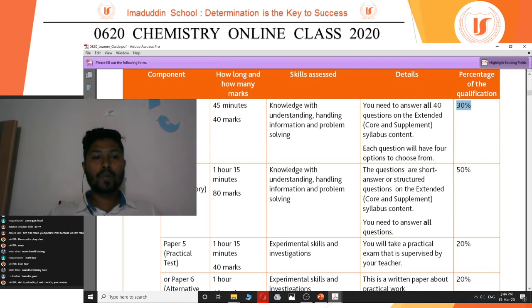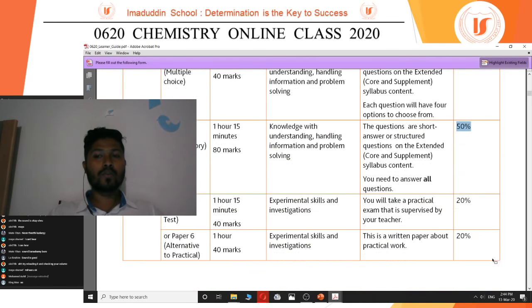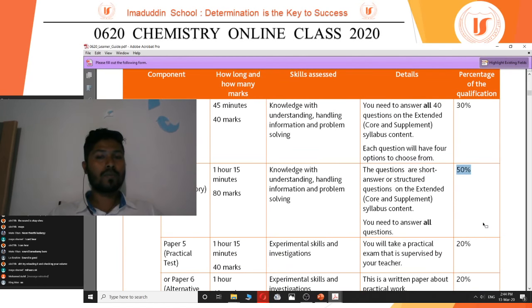For example, paper 4, which is the theory paper, you have 50%, but the paper total is 80 marks. That means even if you get full marks 80, you will get 50 marks. So each paper total mark will be converted to a certain percentage in order to find the total mark for the subject.